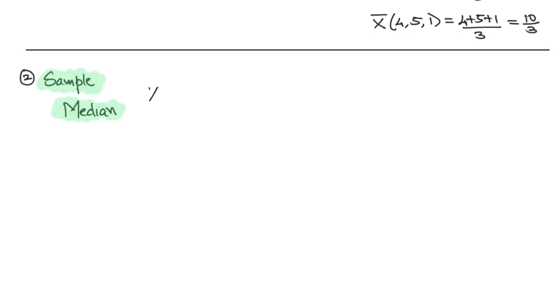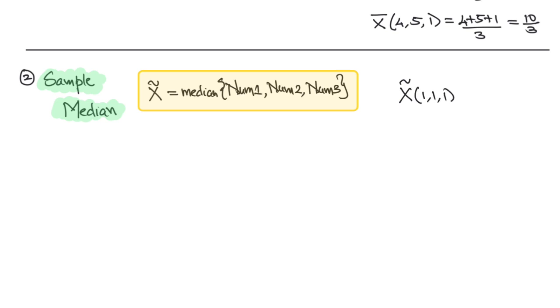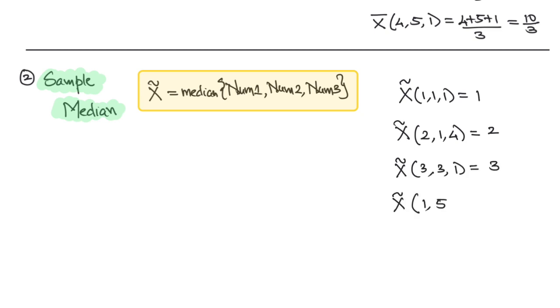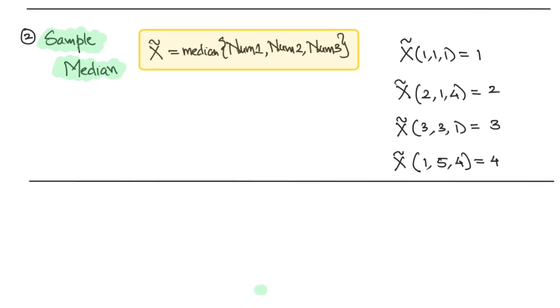The next statistic would be the sample median, which is denoted by x tilde and is the median of the 3 numbers inside our random sample. For example, x tilde of 1, 1, 1 is going to be 1, x tilde of 3, 3, 3 is going to be 3, and x tilde of 1, 5, 4 is going to be equal to 4.